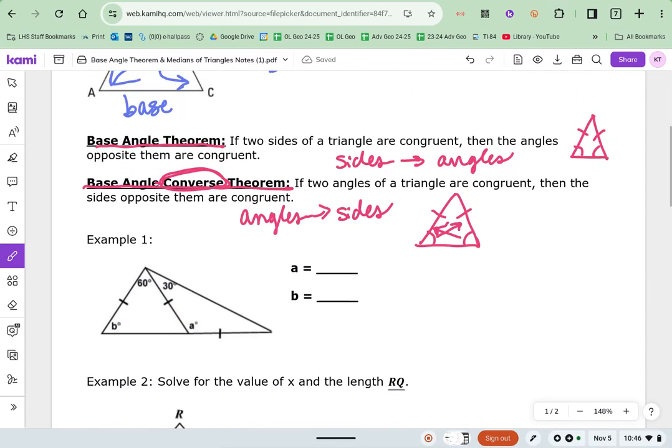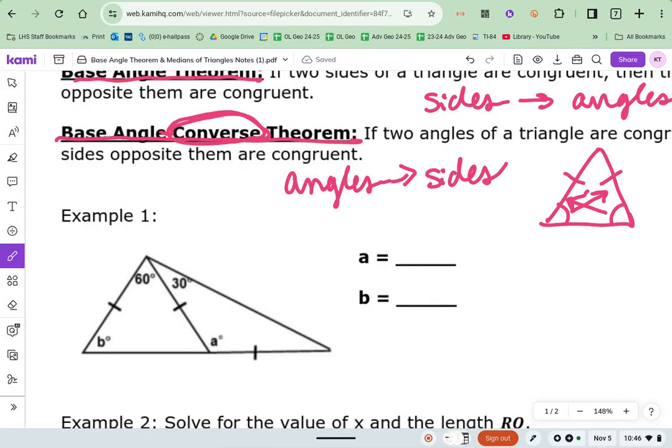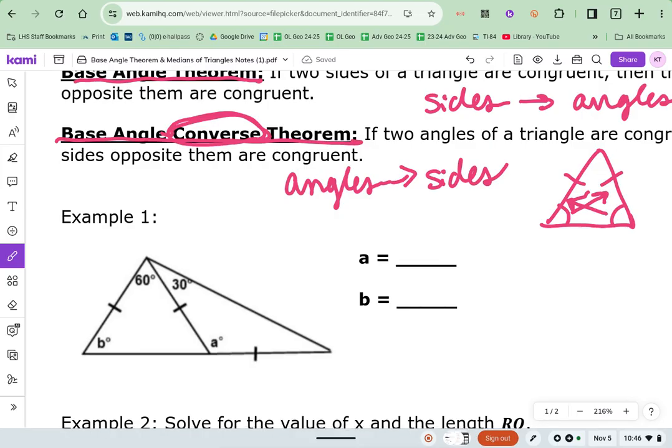So for example, if we're solving for A and B in these triangles using the base angle theorem, the first thing I notice is that in this triangle here on the left, we have two congruent sides, one here and one here, which means that the angles across from those sides are going to be congruent. So that B angle is congruent to this angle. And now we'll just do a little math.